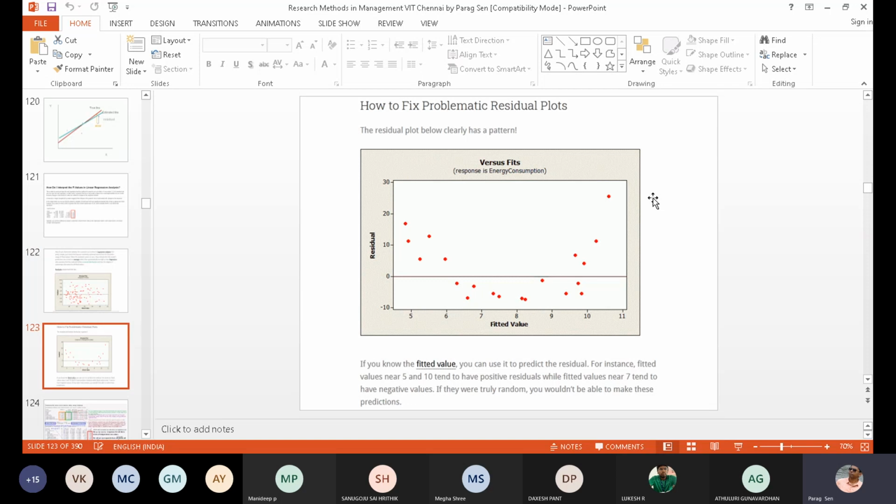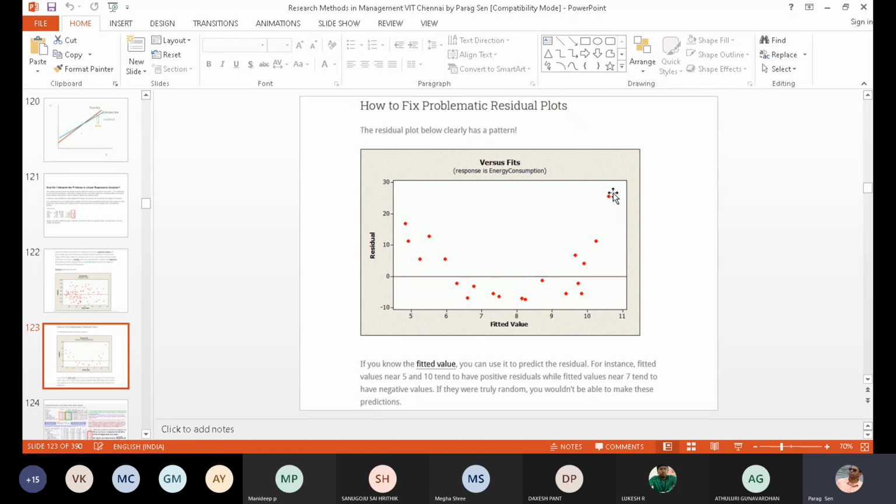And if some pattern is noticed, then you can understand that there is a relationship between the fitted value and the residuals. Suppose you see that as the fitted value increases, the residuals decrease, and as the fitted value keeps increasing, the residual increases again. Then the relationship must not be linear between the dependent and independent variable.